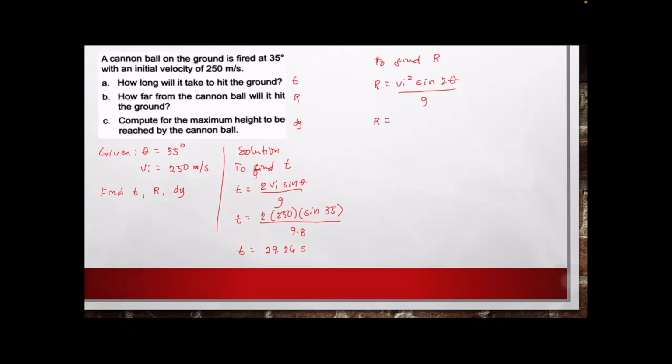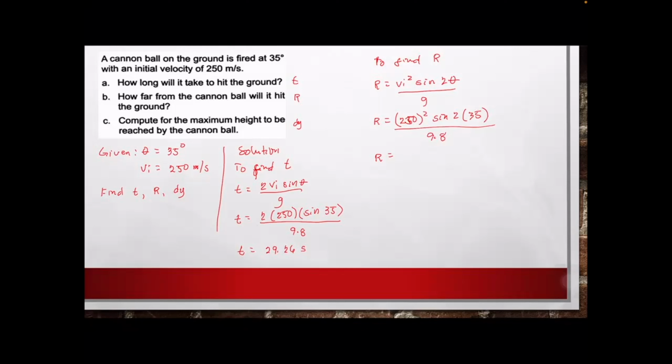So your R is equal to 250 squared sine 2 times 35 all over 9.8. Please compute R. 250 squared, then sine 70, since 2 times 35 is 70, divided by 9.8.